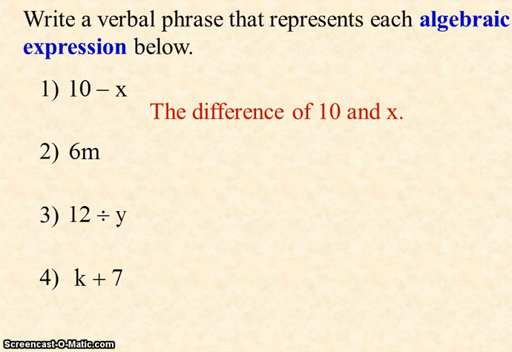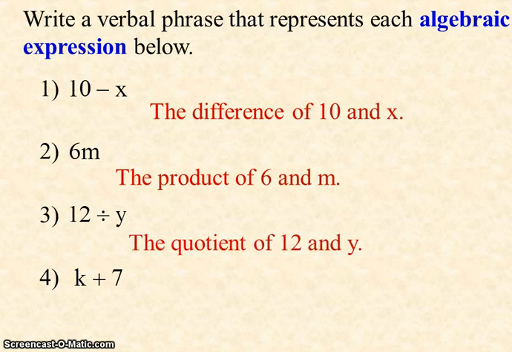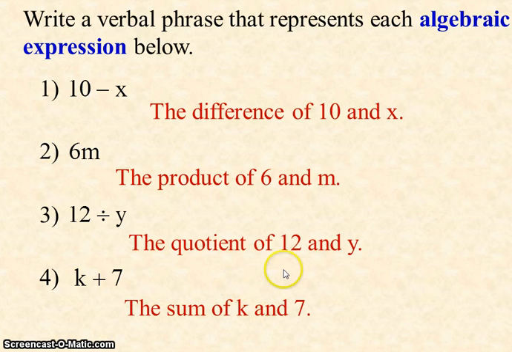So I could say 6 multiplied by a number m. Or I could phrase it as the product of 6 and m. Number 3, I could say 12 divided by a number y. I could plug a number in for that, or I could say the quotient of 12 and y. And number 4, I could say a number k, a number which I can throw in here for k, add 7 to it, and I call it the sum of k and 7.